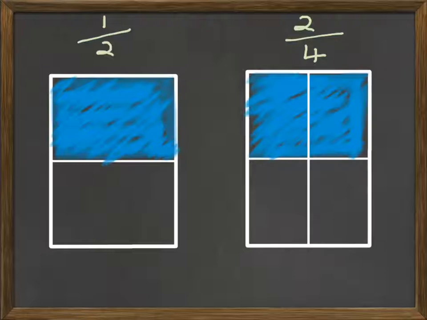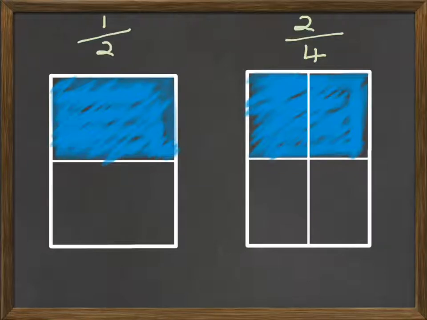At the start we've got a box that's split up into a half. Let's say it's a bar of chocolate. The blue bit that I've shaded in is where one person's come along and eaten half of the bar of chocolate.